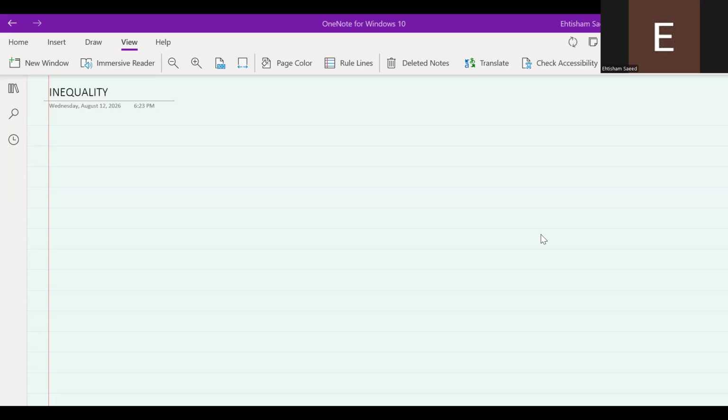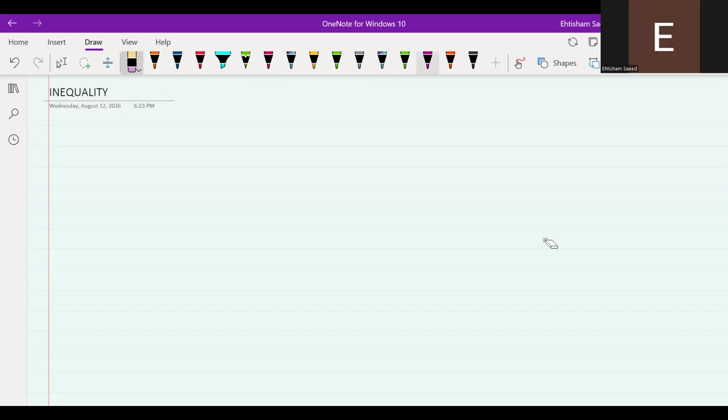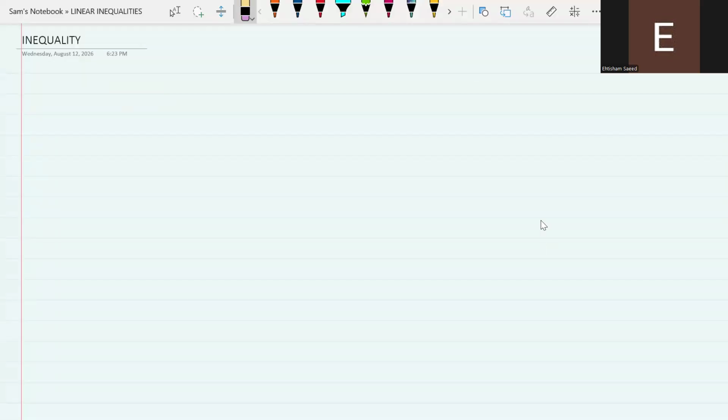What is inequality? The very first thing that I was asking, what is a linear equation? So I asked you, and you said that an equation is something that has an equal to sign.